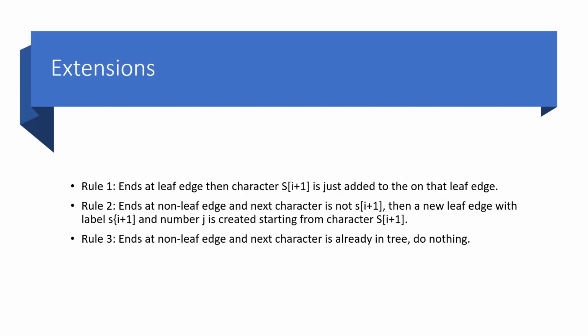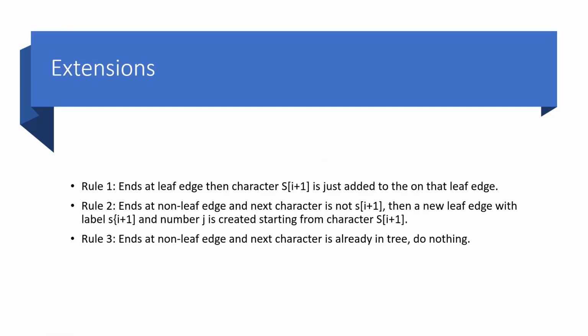So for the extensions, there are 3 rules that are followed. Rule 1 is if the path from the root labeled J to I ends at a leaf edge. So if the path that we're looking at ends at a leaf edge, that means that the last character is the leaf edge.